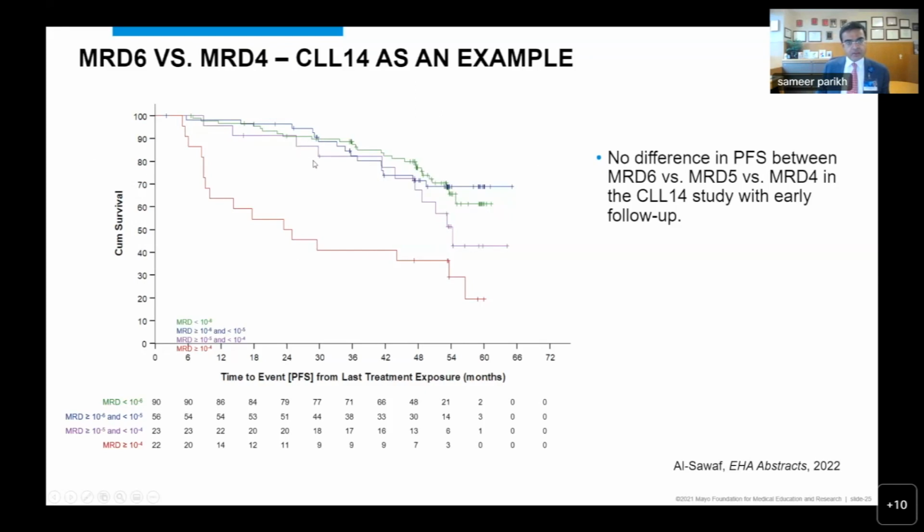And then on the top right are the green, blue, and purple curves, which are MRD4, MRD5, MRD6. There does not appear to be any significant difference between these three, suggesting that at least at the early time point, it does not appear that MRD6 is an endpoint that we really need to strive to achieve.